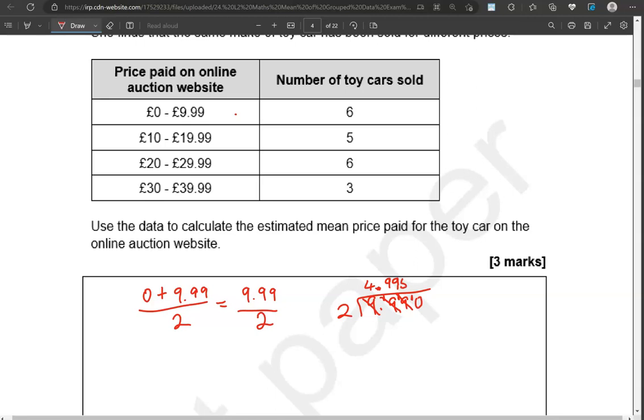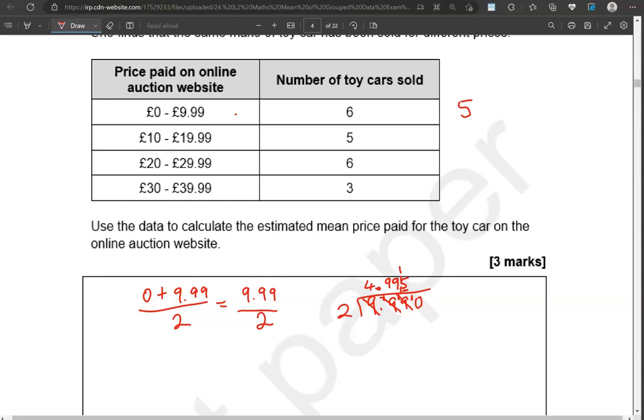That is 5. Okay, so we have 3 digits after the decimal point, and this is money, so we can't have 3 digits. So we're going to round up, and that gives us £5. Because as you can see, this is a 5, so that means the 9 becomes 10, this becomes 10, and ultimately this becomes £5.